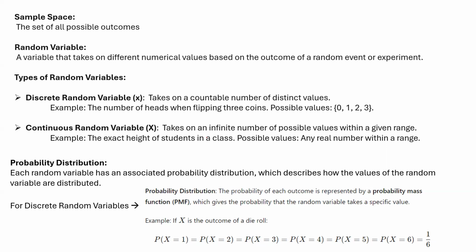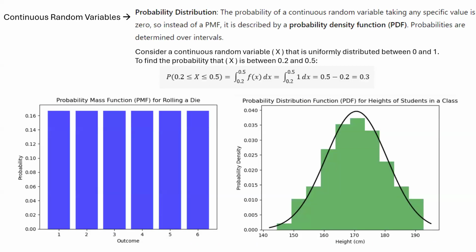PMF, probability mass function, is used to describe discrete random variables. And the probability distribution function is used for continuous random variables.